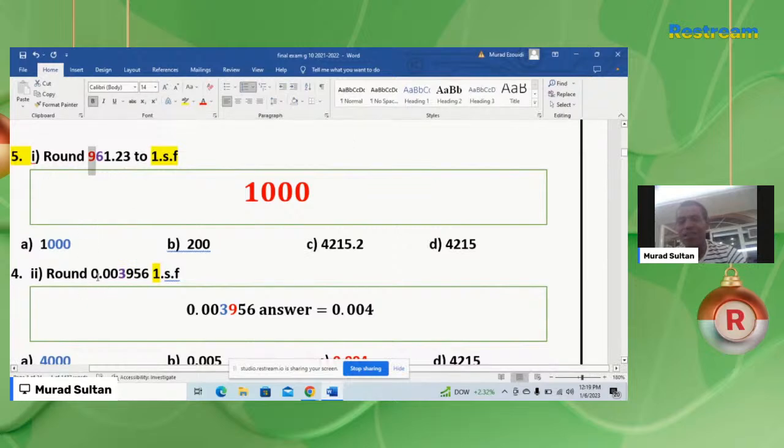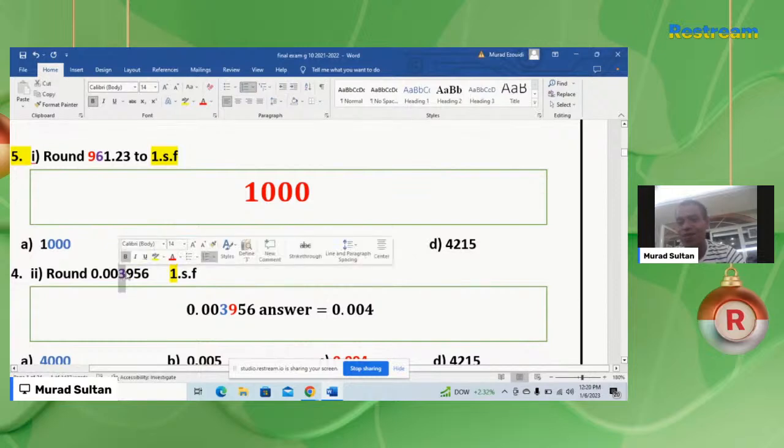Now round 0.0039561 to one significant figure. You can see that 0 is not a significant figure, because a significant figure should be more than 0, it can't be equal to 0. Therefore the first significant figure is 3.